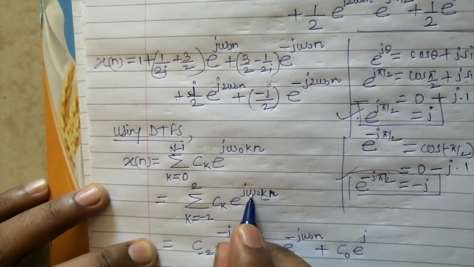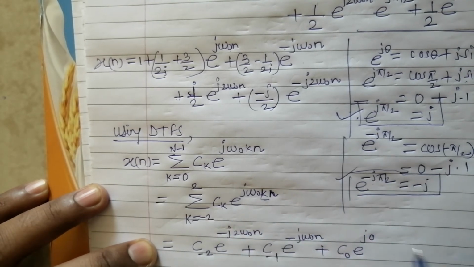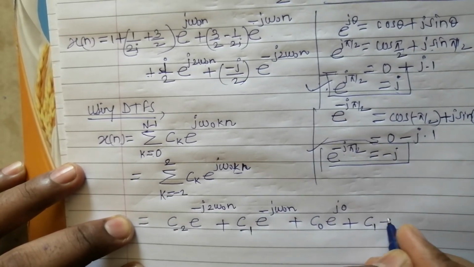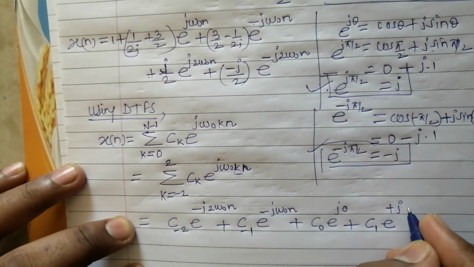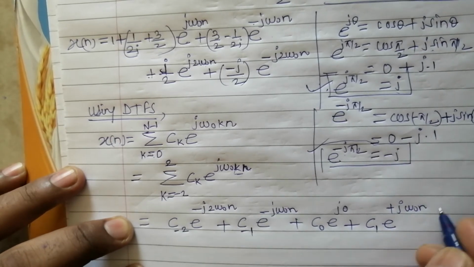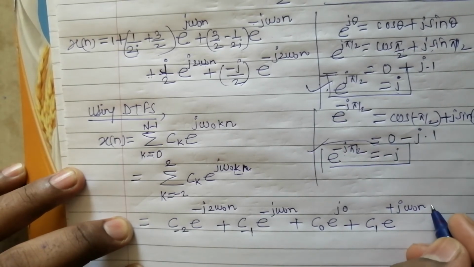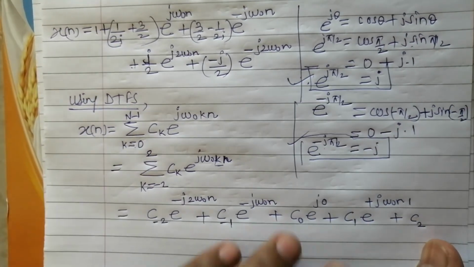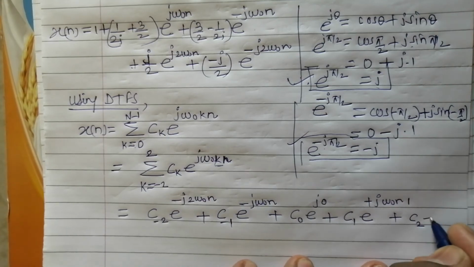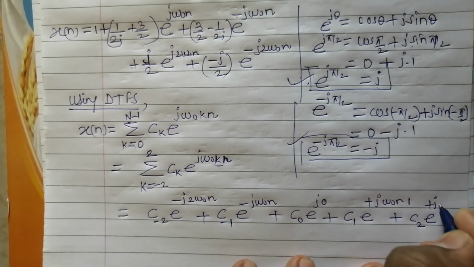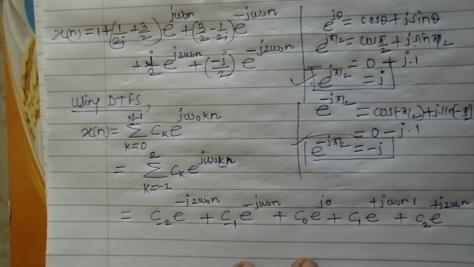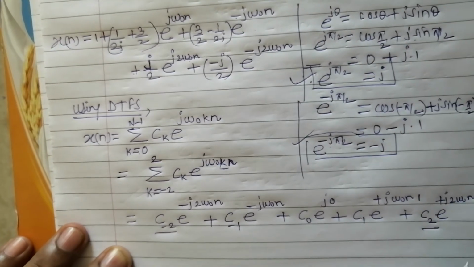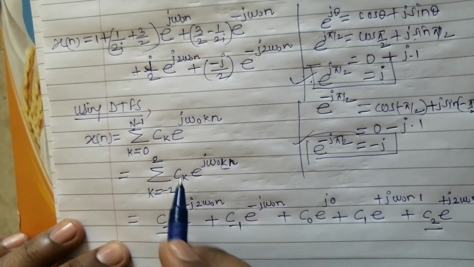So 0 into omega naught into n is going to be 0, plus c1 e raised to power plus j omega naught n, k value is 1. ठीक है, and then c2 e raised to power plus j 2 omega naught n. Okay, so from minus 2 to 2, we have expanded it.